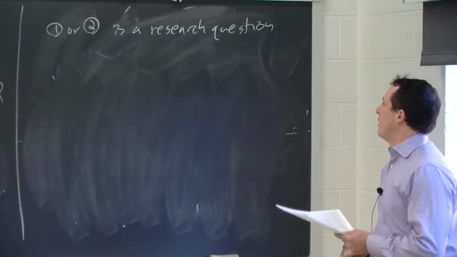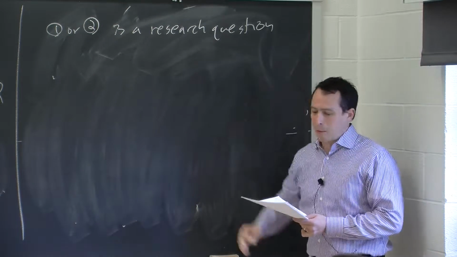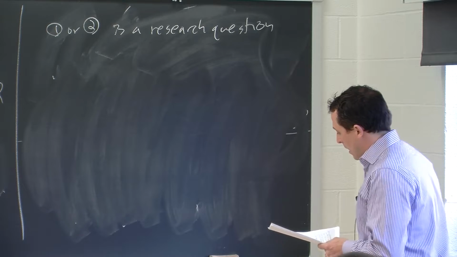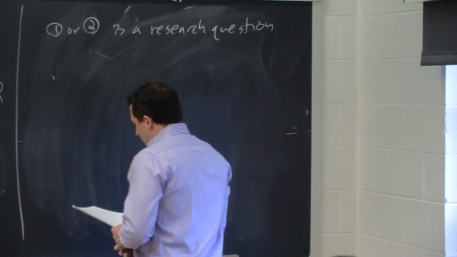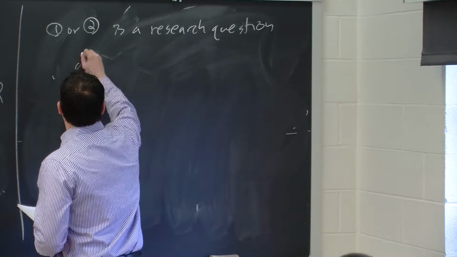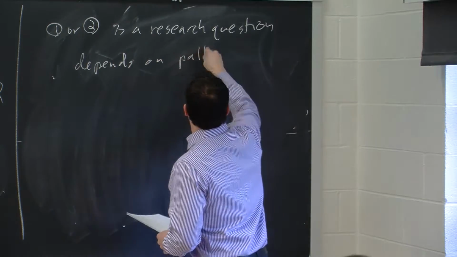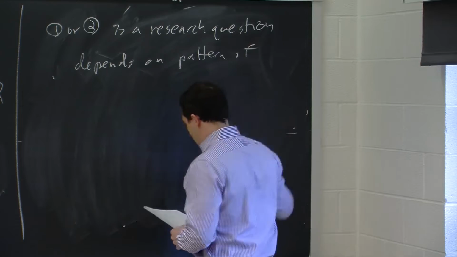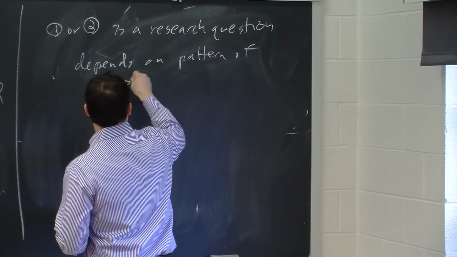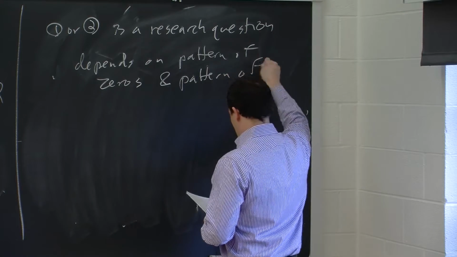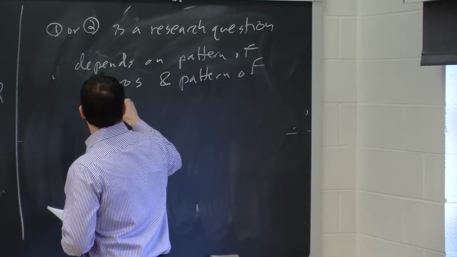Give me criteria for whether or not it exists. There are papers being published in the last couple of years about that. So that's not that easy. And essentially what happens is it depends on the pattern of zeros and how that interacts with the pattern of interactions.